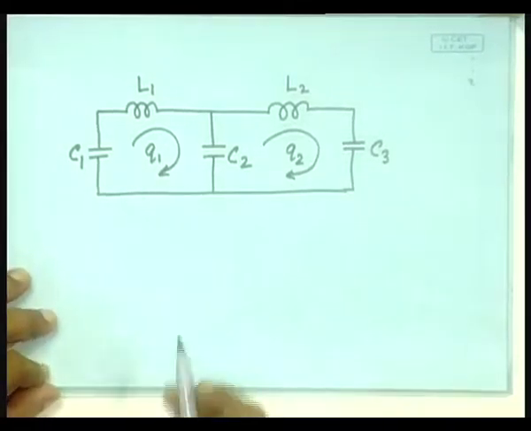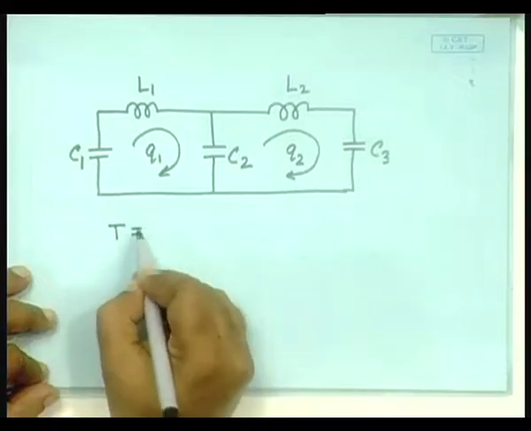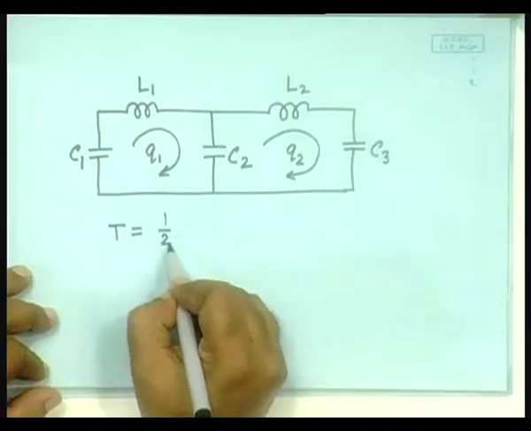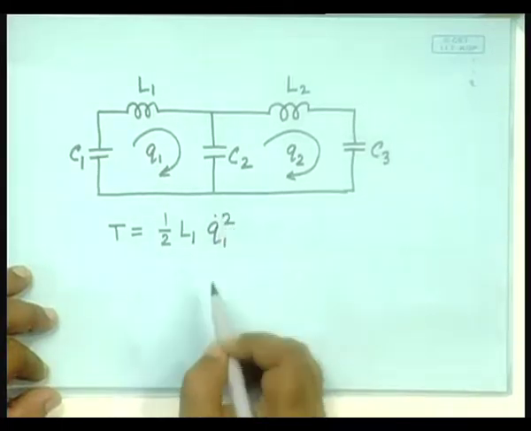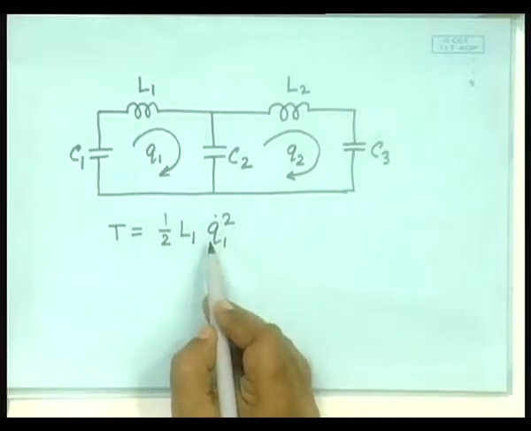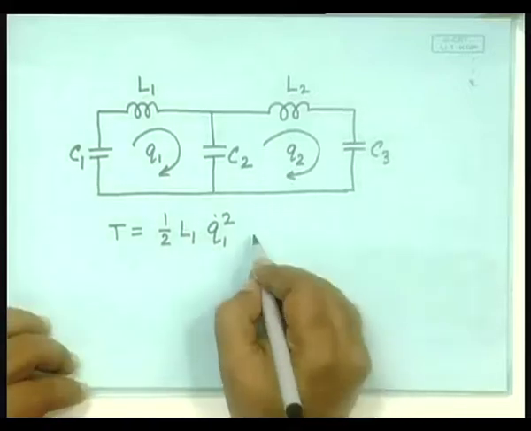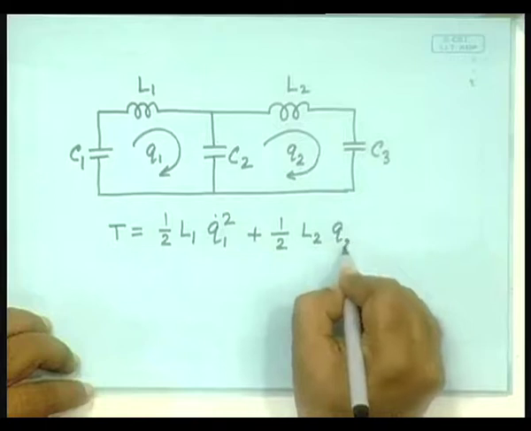So, if that is so, then you have your T in this case half L1 Q1 dot square. Q1 dot is nothing but the mesh current, okay, plus half L2 Q2 dot square.